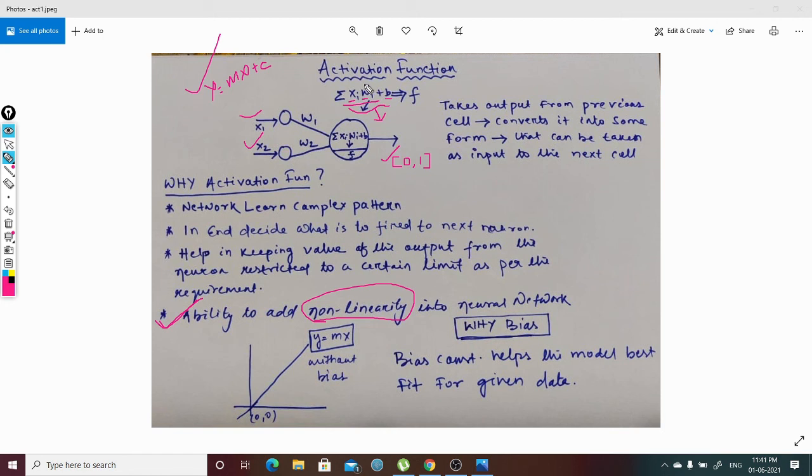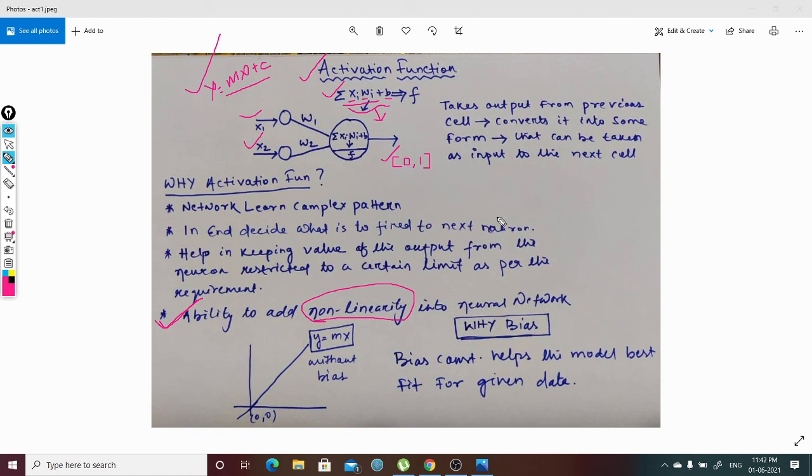So activation functions help us convert these linear values that we are giving into non-linear values, so that we have an improved model in the neural network. Okay, so this is all about the activation function and why we actually need it in the neural network.